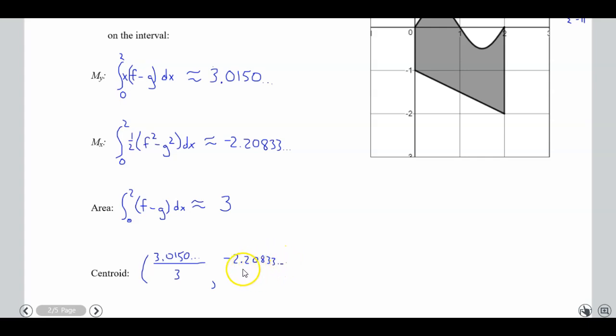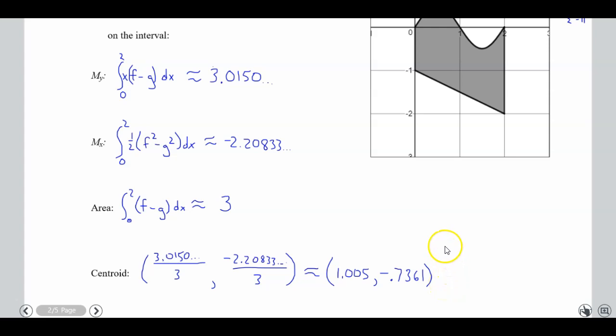Again, you can include as many 3s there as you want, and then we'll divide that by 3 as well. And normally for these, we'll go ahead and divide those and just get an approximation. 2 to 3 decimals is usually okay for that. So for this one, I've got 1.005 and negative 0.736.